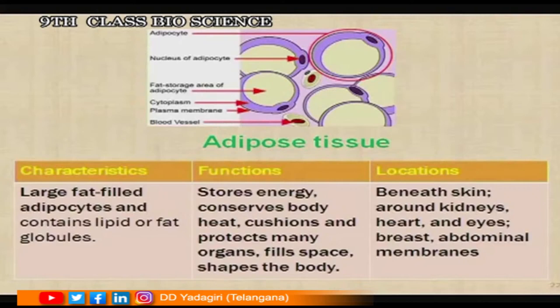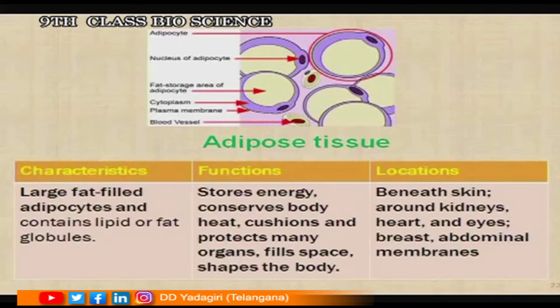Adipose tissue. Now, let us see the main characteristics of adipose tissue. It has large fat-filled adipocytes, and it also contains lipids and fat globules. How does this adipose tissue help us? It stores energy, and it also conserves body heat.